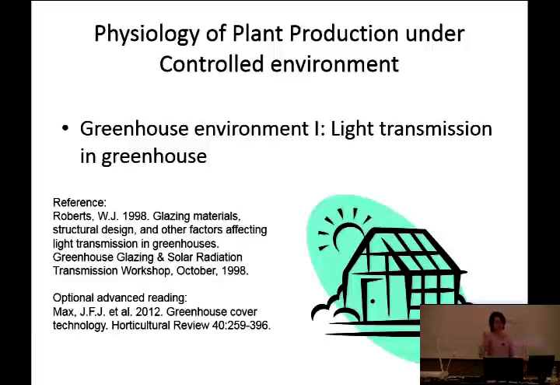It's an extension article summarizing greenhouse covering materials or glazing, how glazing works in the greenhouse climate. The second one is many pages, 30, 40 pages, but it's a technology review paper, so that's a good one. That's why I decided to include it.